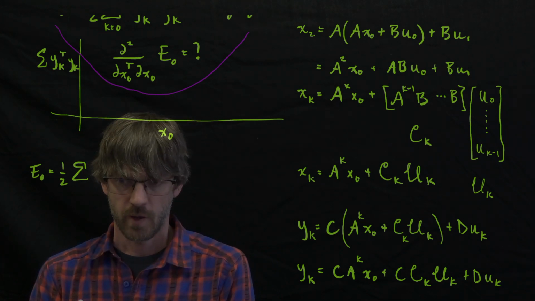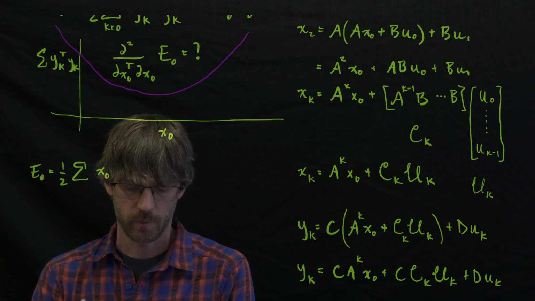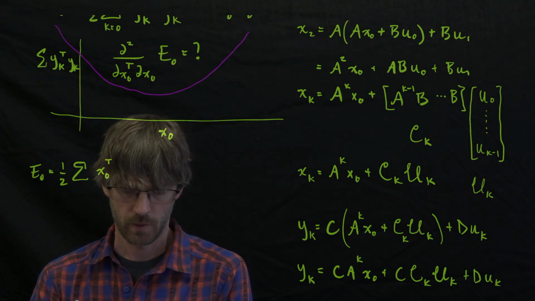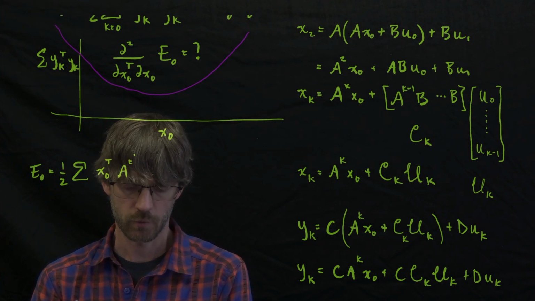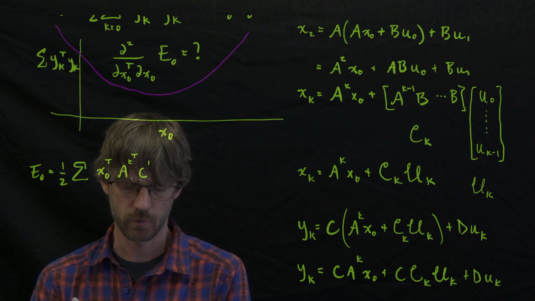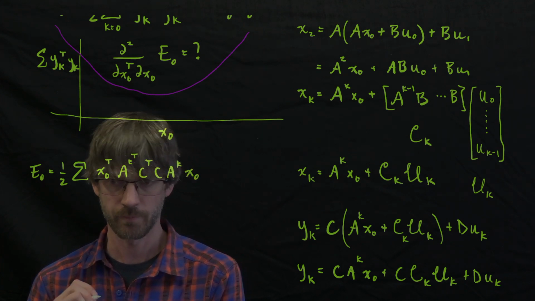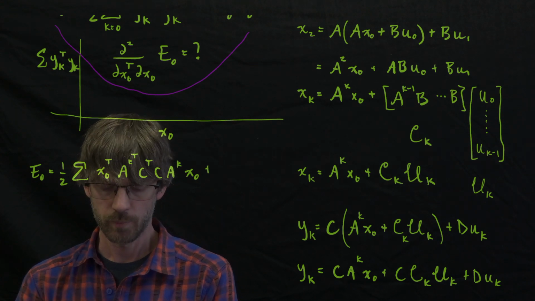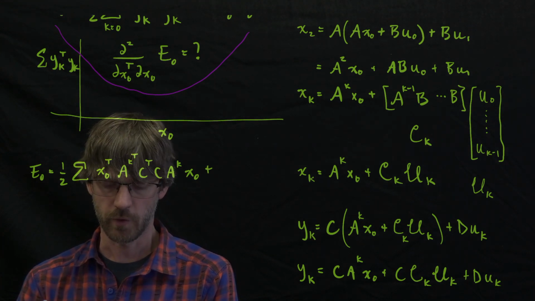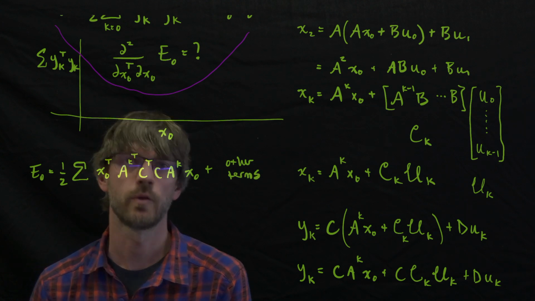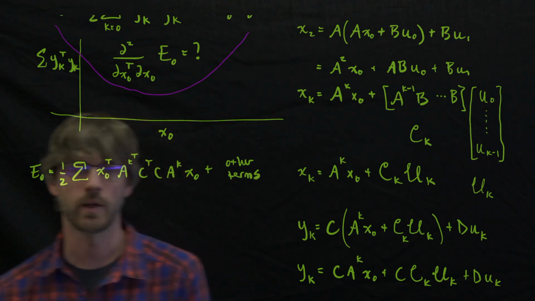So that's going to be the sum of our x0 transpose, A to the k transpose, C transpose C, A to the k, x0, plus those other terms. But remember, those are going to go away, so we don't need to bother writing those out right now.